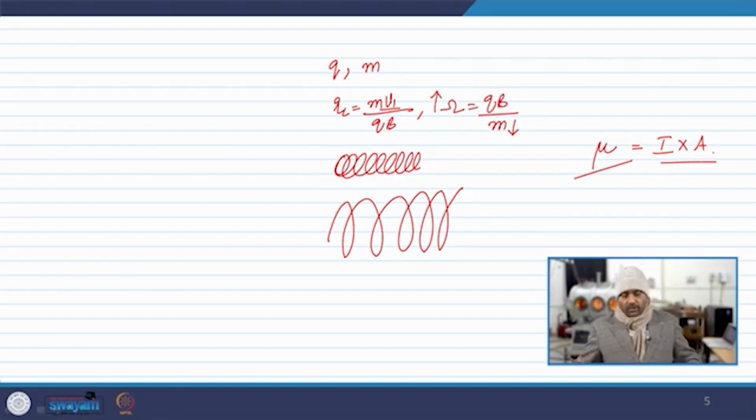But in the case of current driven magnetic fields, where a current carrying wire is creating a magnetic field, the magnetic moment is the amount of current multiplied by the enclosed area, right. So, we can write it like this: magnetic moment mu is I times A.